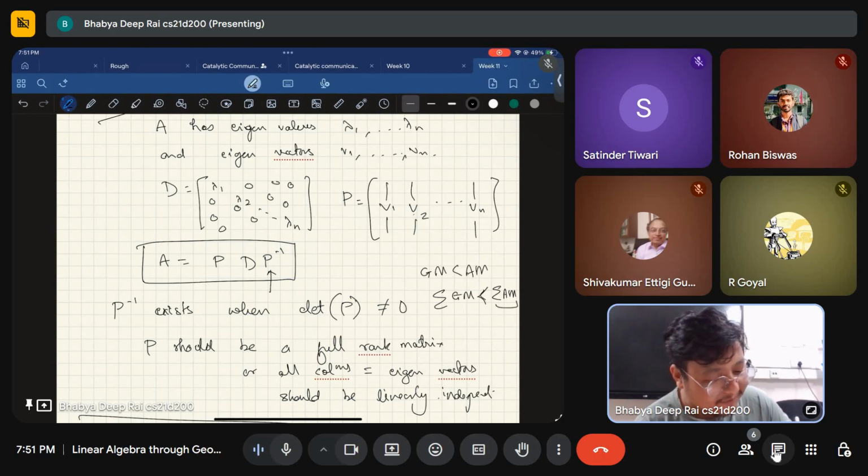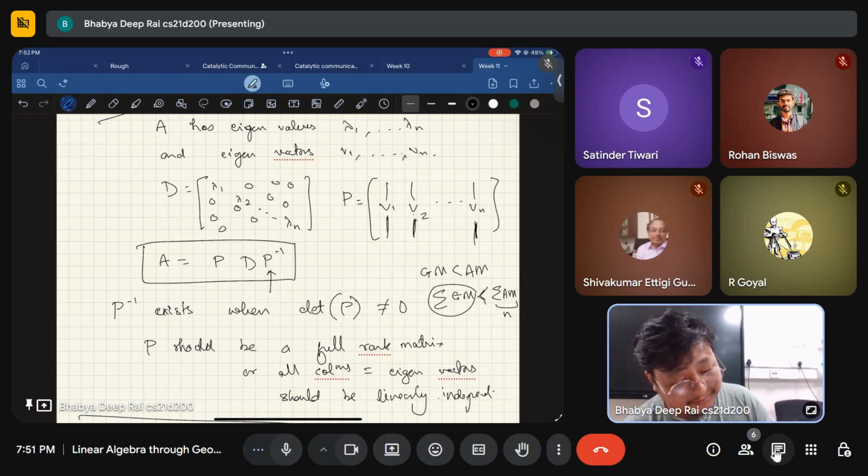The summation over am is n, so the summation of geometric multiplicity will be less than n, and therefore when you arrange them in these columns, you cannot get enough linearly independent vectors to get an inverse of P.